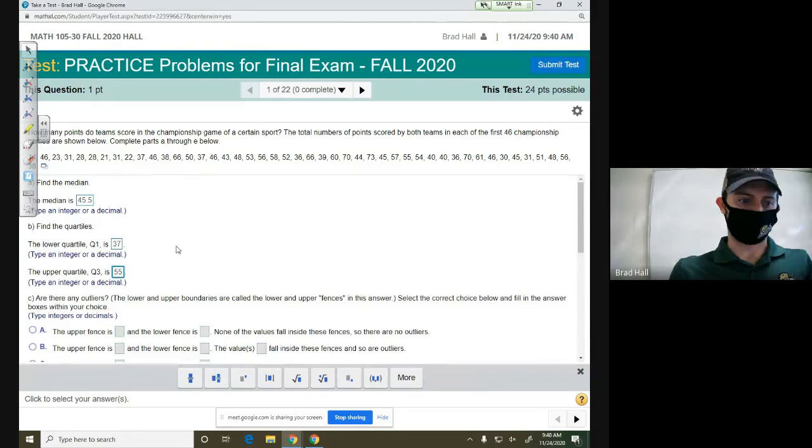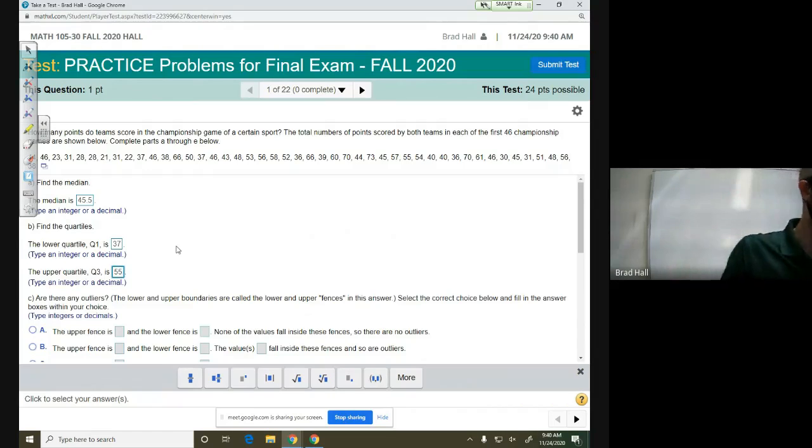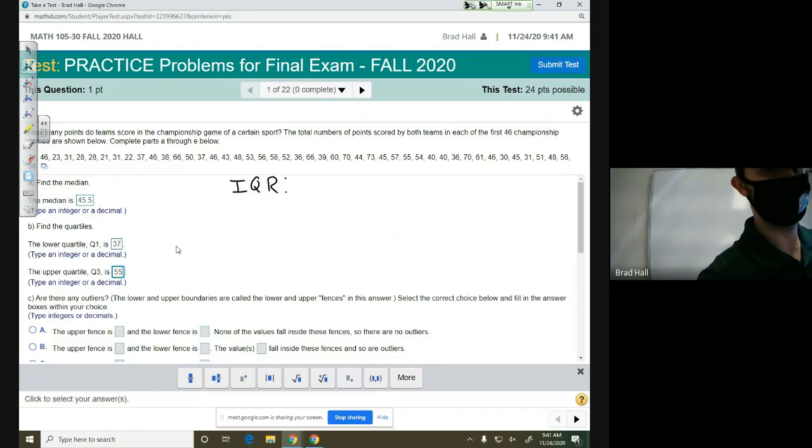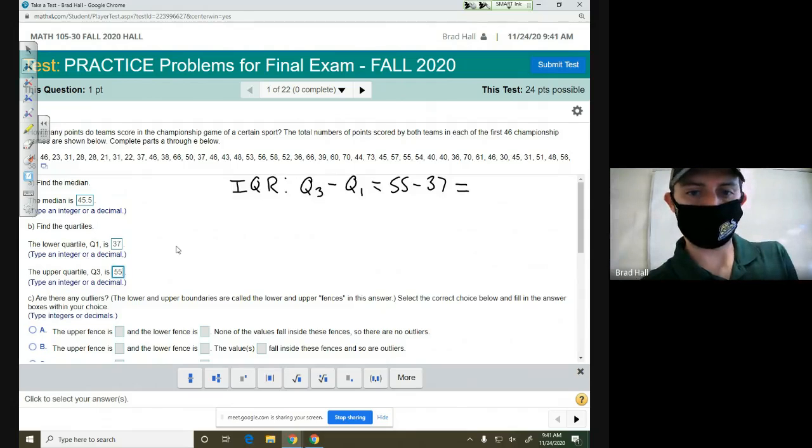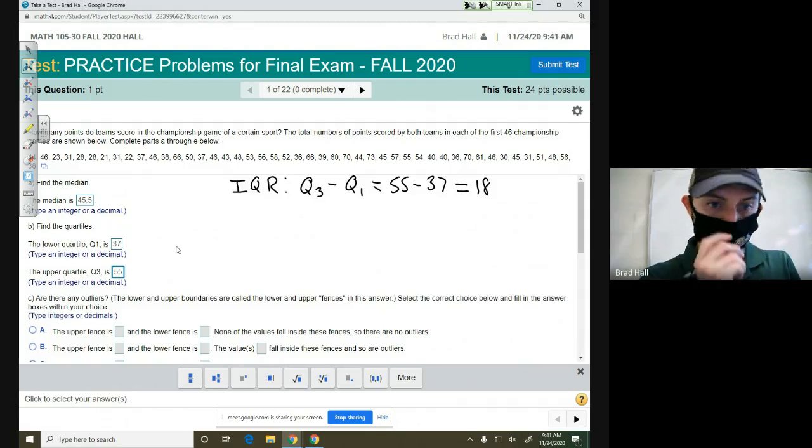And then from there, they want us to find the fences, in particular, the upper and the lower fence. Actually, I'm getting ahead of myself. To figure out the fences, you need the interquartile range, which is the difference between the two quartiles. So that's 55 minus 37. We just found those. What is that, 18?